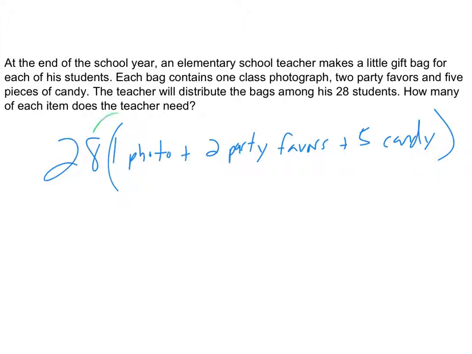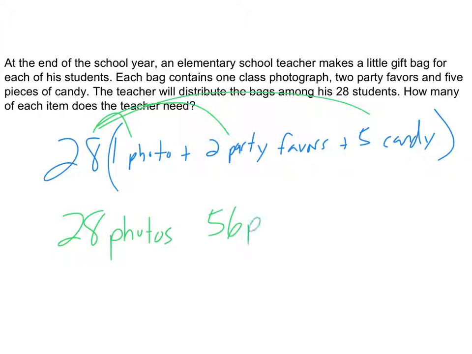So if I distribute the 28 to all of these, 28 times 1 photo gives me 28 photos. 28 times 2 party favors gives me 56 party favors. 28 times 5 gets me 140 pieces of candy.